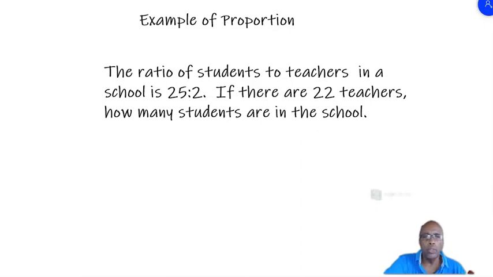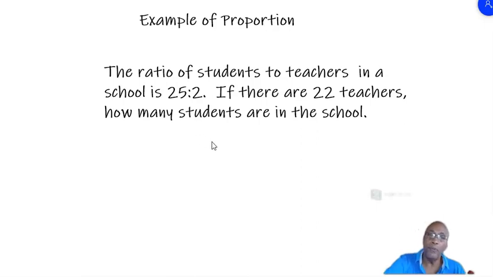So now we go on to an example on proportion. Remember we said that proportion equates two ratios. One ratio is equal to another ratio. So in this problem, we have the ratio of students to teachers in a school is 25 to 2.